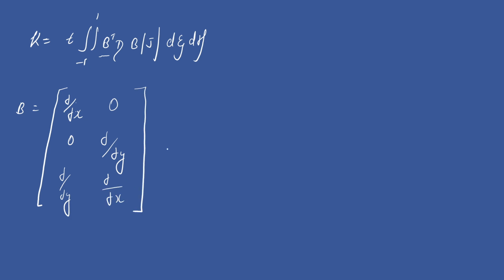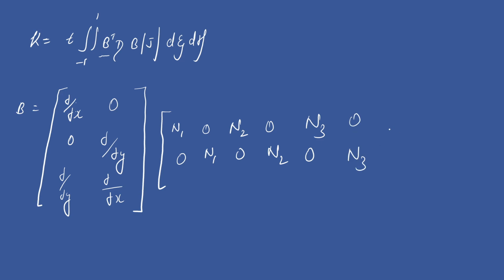So this is your differential operator, and then you are going to write your shape function matrix, which is given by N1 0, 0 N1, N2 0, 0 N2, N3 0, 0 N3, N4 0, 0 N4.